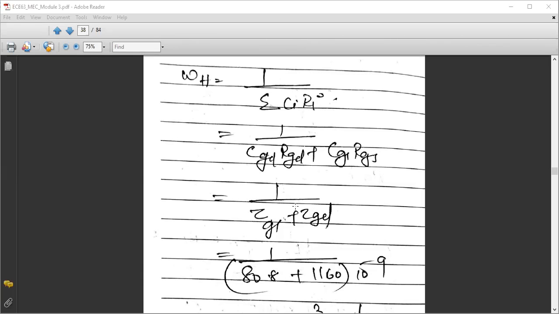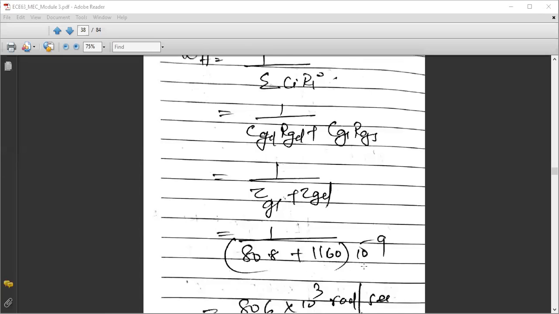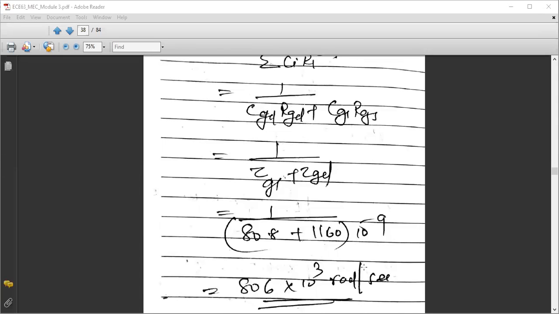Both are in nanoseconds, so I can take 10 to the power minus 9 common. Tau GS is 80.8 from our previous result. Tau GD is 1160 from our previous result. Add these two, with 10 to the power minus 9 common because it is in nano, and check whether you are getting the same answer.